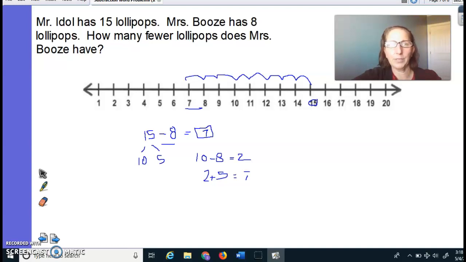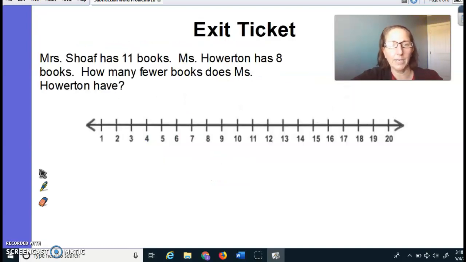This is going to be your exit ticket for today. So what we would like for you to do is to, on a piece of paper, write the number sentence to go with this problem, and you're going to use the new way I showed you today, and you're going to decompose leading to a 10. So what does that mean?